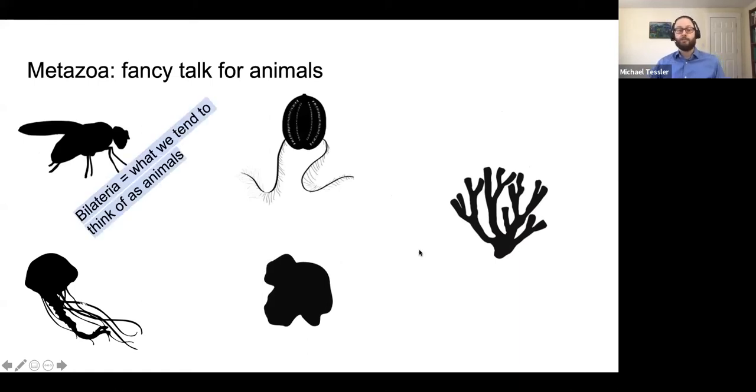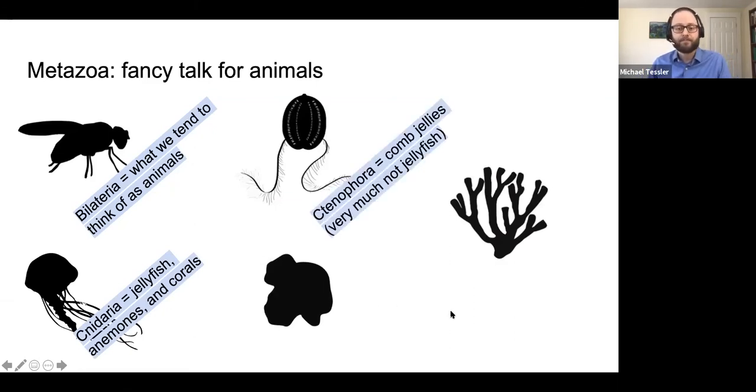And so this includes bilateria, basically all the stuff we think of as animals. So that could be a fruit fly, or it could be all of you sitting behind your computer desk. We have cnidaria. So these are jellyfish, anemones, corals, things that people are pretty familiar with. Then we get into things like comb jellies, which if you're not a zoologist, you may not know about.